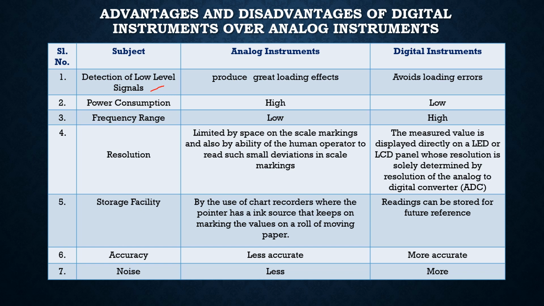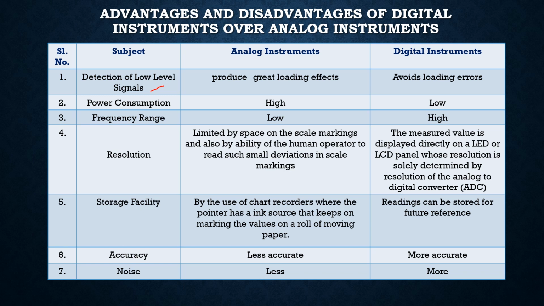An example is the ECG machine where we can see one ink pen linked with a paper. We can see the recorded values for the ECG machine. That can be an example of this kind of analog instrument, but not every analog instrument has storage capacity. But in digital instrument, readings can be stored for future reference. That is a very important facility for the digital instrument.